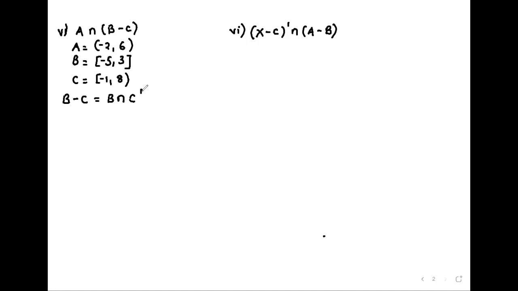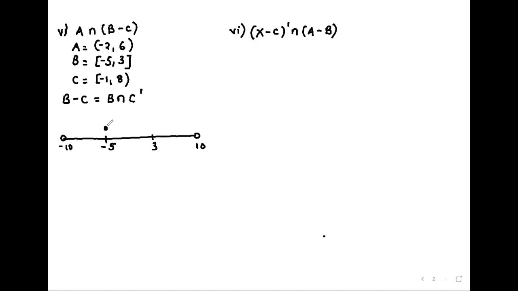If we take them on the number line, we'll have -10 and +10. And then B is from -5 to 3.